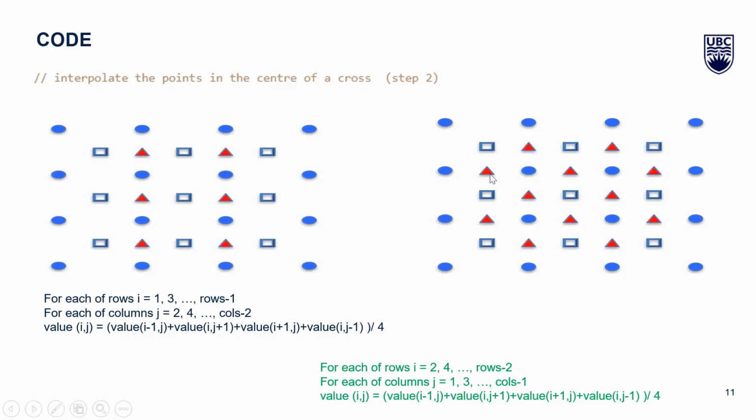So again, if we consider this point to be at position i and j, the value of this point will be the value of the point i minus 1 j, plus the value of point i j plus 1, plus point i plus 1 j, plus point i j minus 1, and we divide by 4 to calculate the average.